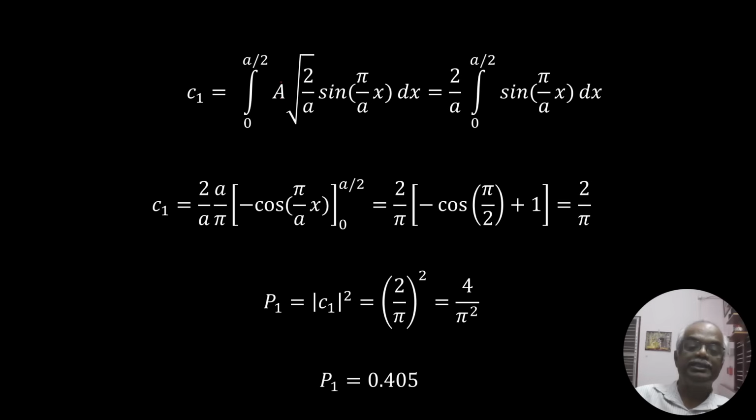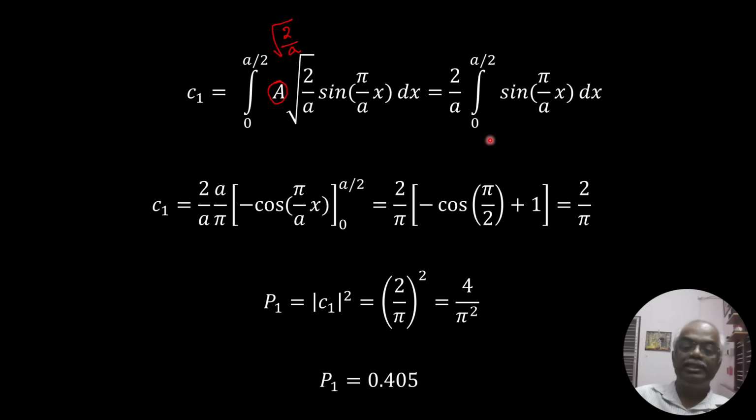Now we got this expression. Now replace A by its value, square root of 2 over a. There is already one square root of 2 over a, so if you multiply both, you will get 2 over a. And this integral part is the integral between 0 to a by 2 of sine pi by a x dx.